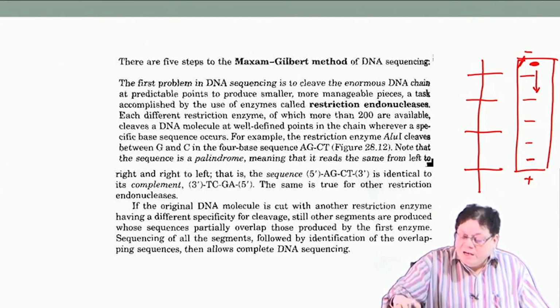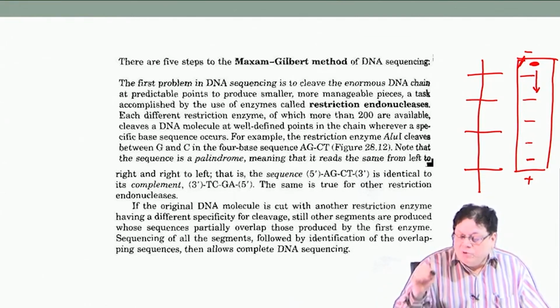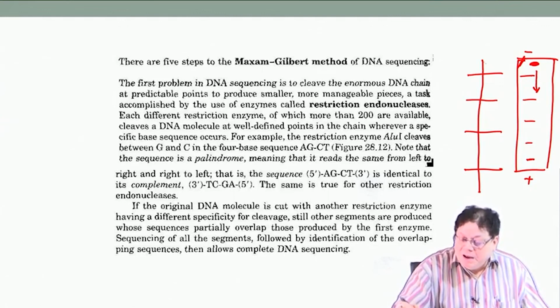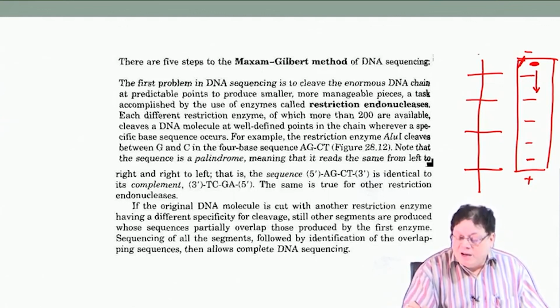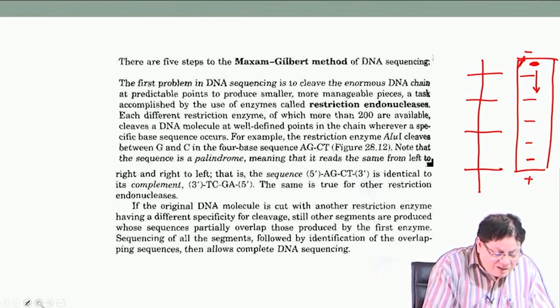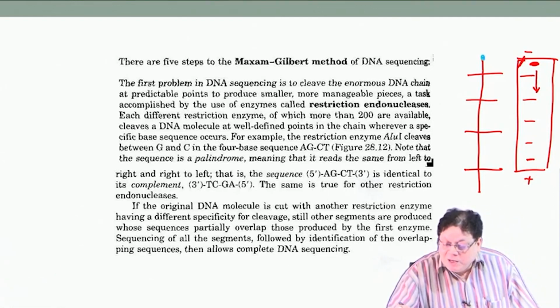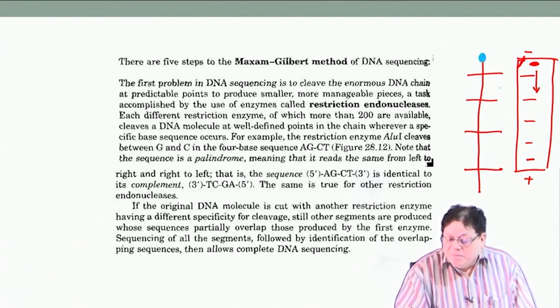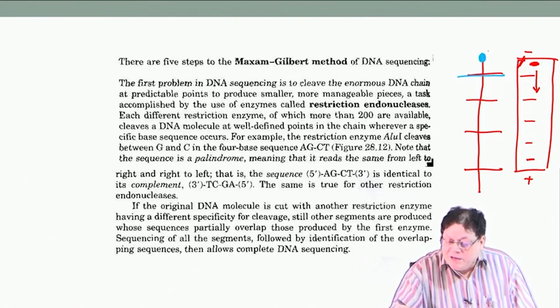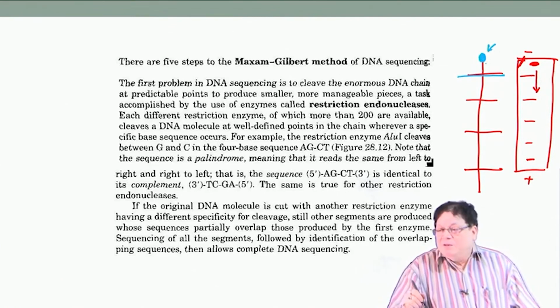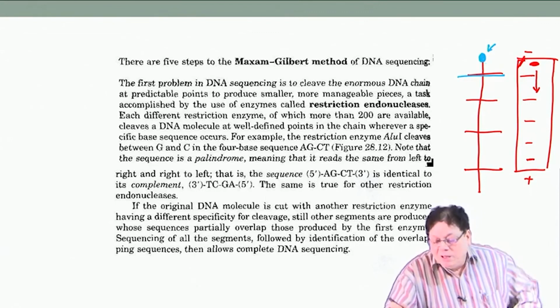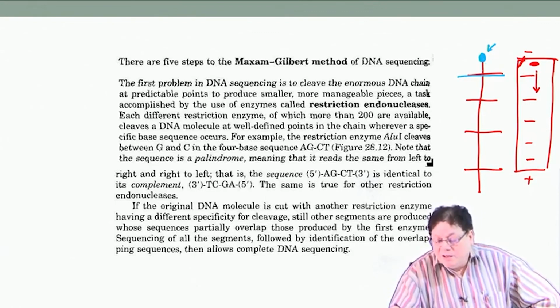Now, to identify where the DNAs are, you have to put some label in the DNA. Suppose I put a label in the DNA, say a blue one, and then I break it here.